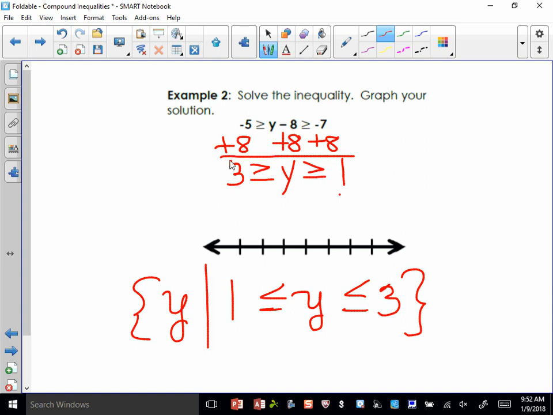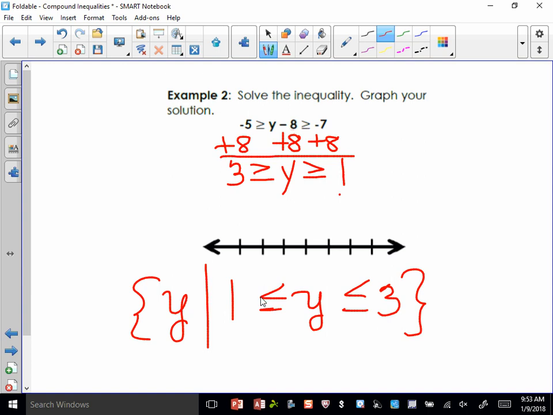For set builder, you do want to have the numbers going from least to greatest, or greater in this case, we only have 2, and then your variable in the middle, which means these sides will always be less than or less than or equal sides. So this is saying that I want to graph the numbers between 1 and 3, and they will both have closed dots.